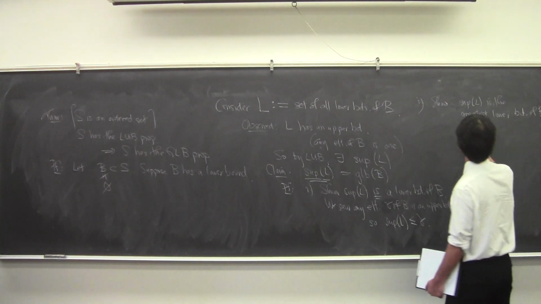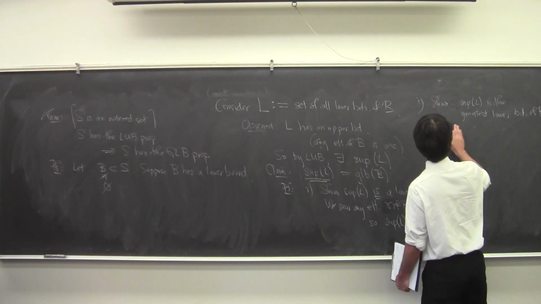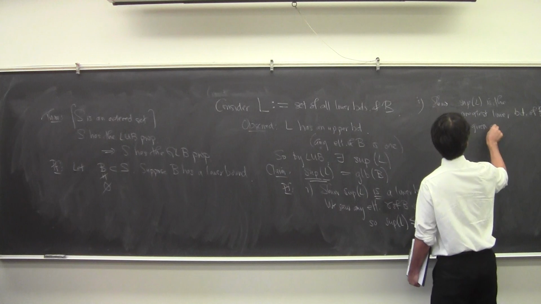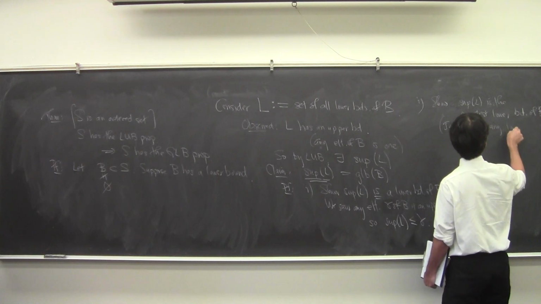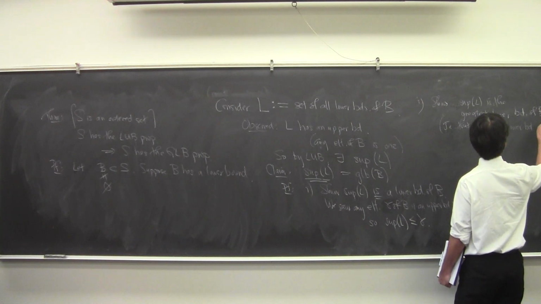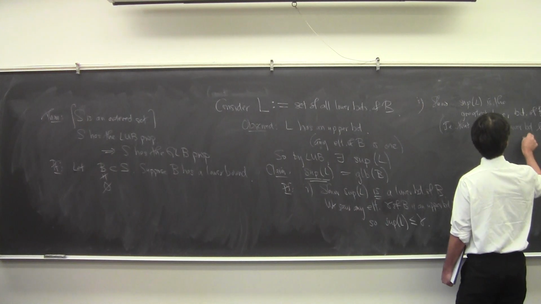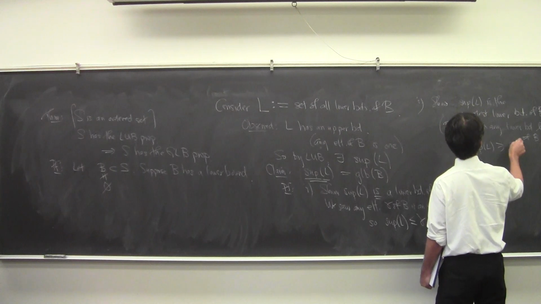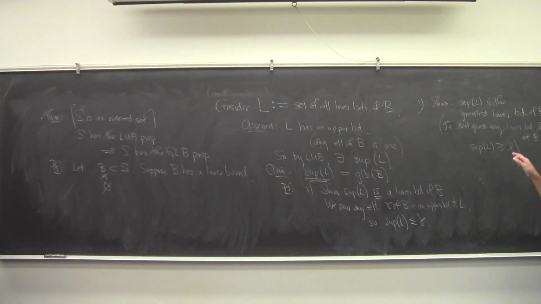That is, given any lower bound of B, the supremum of L is bigger than or equal to it. Okay, that's what we want to show now.